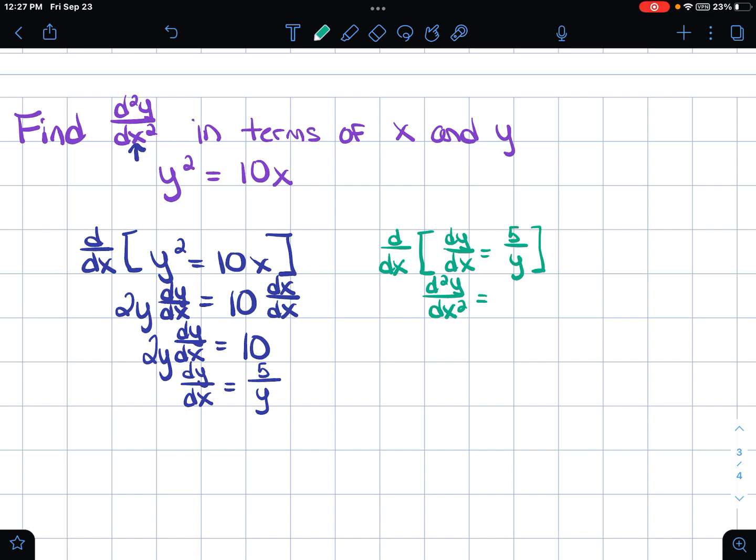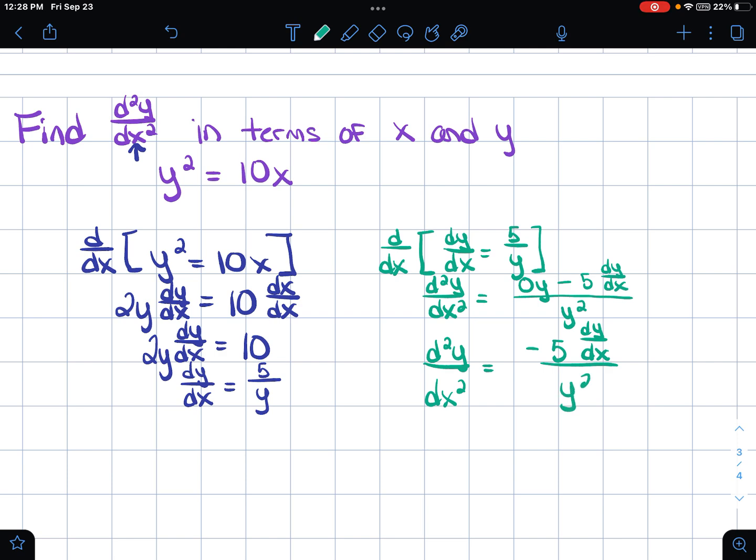With the quotient rule, I'm going to find the derivative of the numerator. The derivative of 5 is 0 times y without changing it, minus 5 times the derivative of y, dy/dx, all over y squared. Okay, I'm going to simplify that. 0 times y is 0, so we have negative 5 dy/dx over y squared.